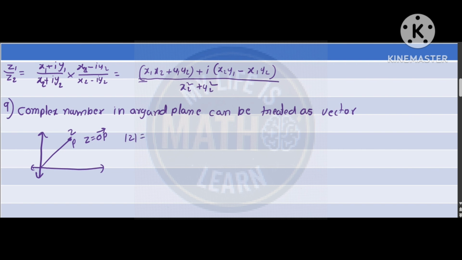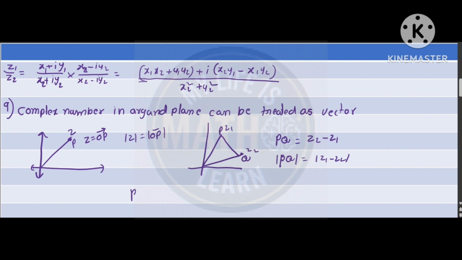So mod Z is equal to mod of OP bar, and if P and Q are two points, Z1 and Z2, then PQ is equal to Z2 minus Z1. So mod PQ is equal to mod of Z1 minus Z2. The distance of PQ is equal to square root of x1 minus x2 whole square plus y2 minus y1 whole square.